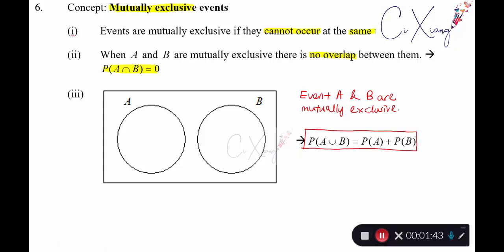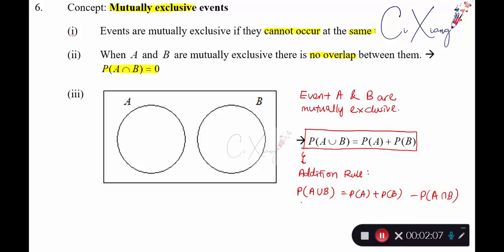All right, so I want to talk about this formula. Actually, this formula originates from the addition rule. I don't know whether you still remember the addition rule or not. Previously, we learned the addition rule, right? Which is P(A union B) equals P(A) plus P(B) minus P(A intersect B).